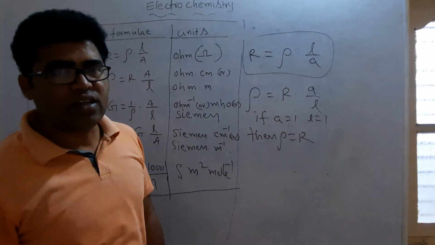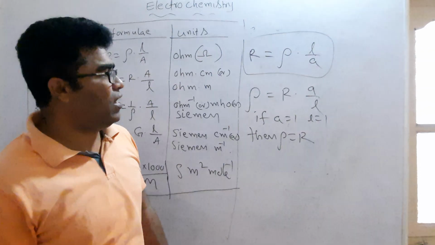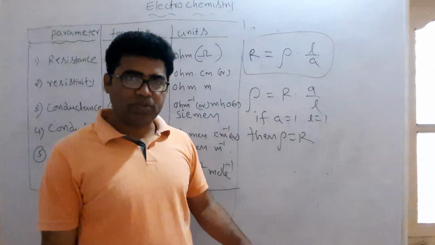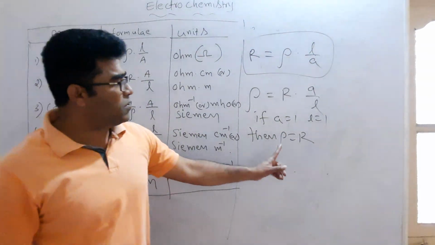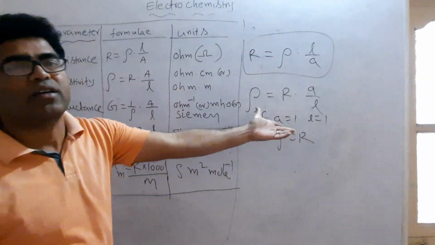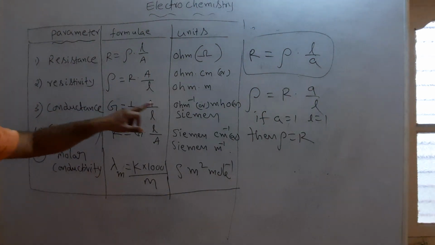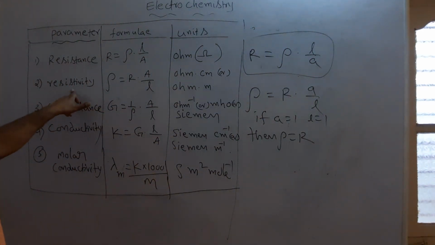So we observe here specific resistance means rho, another name is resistivity.